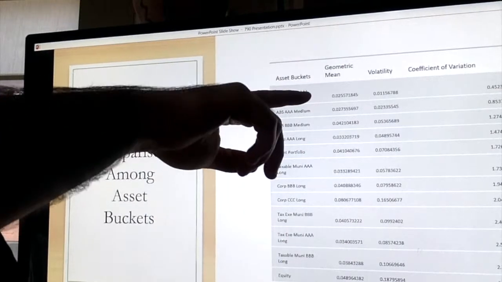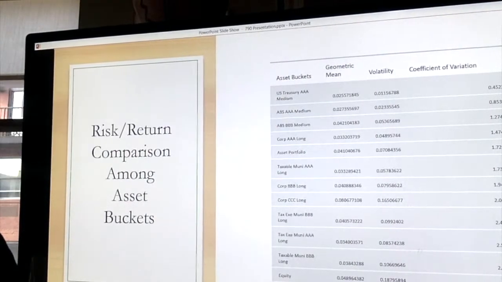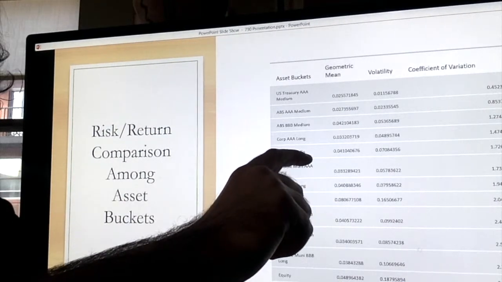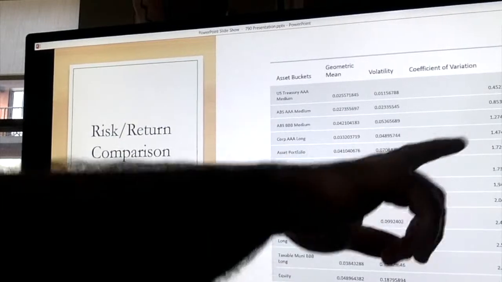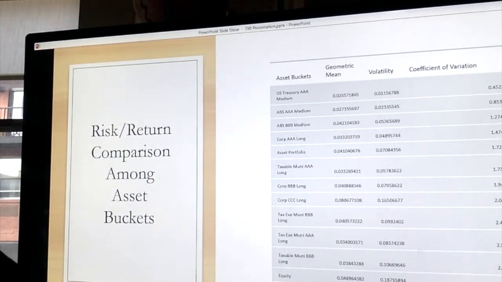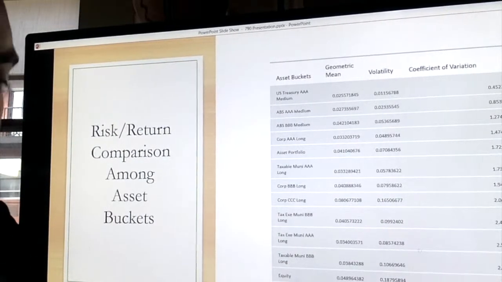I just added the U.S. Treasury, and I went with a couple of ABS buckets as well. And you will see the average asset portfolio. Everything is included here, and the downside is the equity.